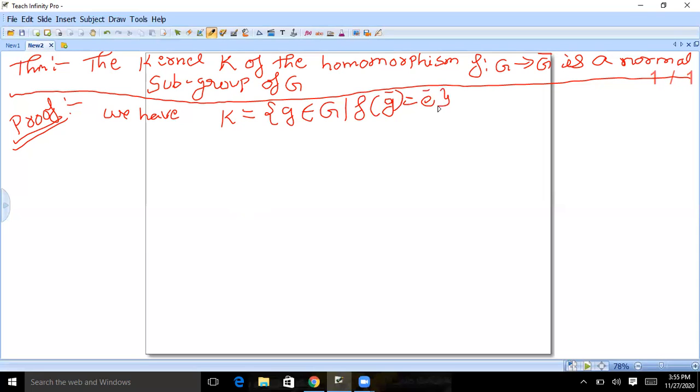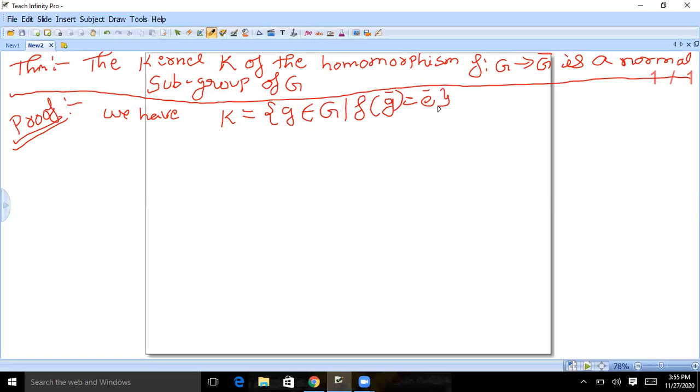Okay. So this is the definition of kernel of homomorphism: K is equal to g belongs to G such that f of g bar is equal to e bar. Okay, this is the expression for the kernel of homomorphism.